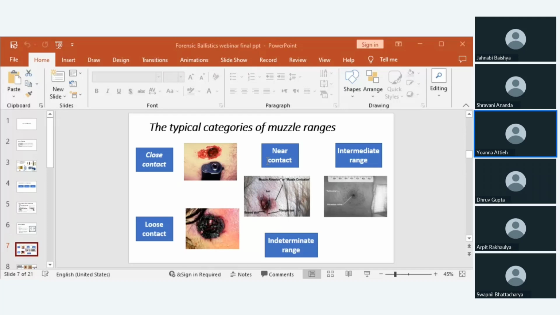When there are no clear signs of soot or burns, the range is considered indeterminate. This usually occurs in longer range shots where the projectile has traveled a greater distance before impacting the target. So when we have a greater distance, it's possible to say that it's an indeterminate range.